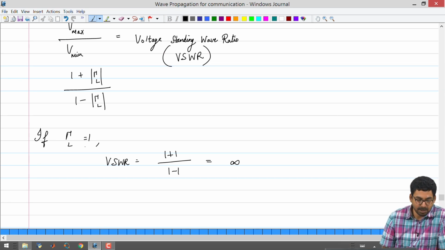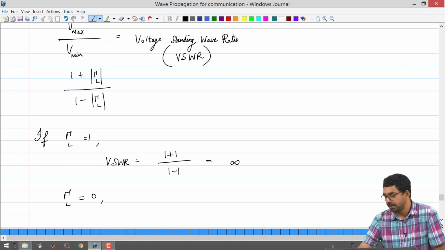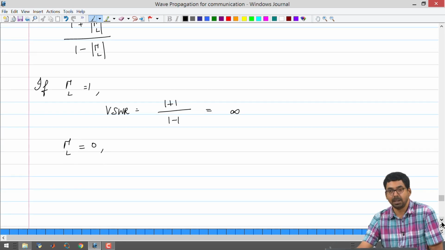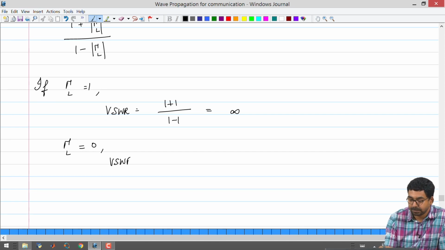But it is also quite possible that the load reflection coefficient is 0. If that is the case, we call this transmission line to have a matched load at the other end. If the load is matched and the load reflection coefficient is 0, the standing wave ratio will become 1 plus 0 divided by 1 minus 0, that is equal to 1.